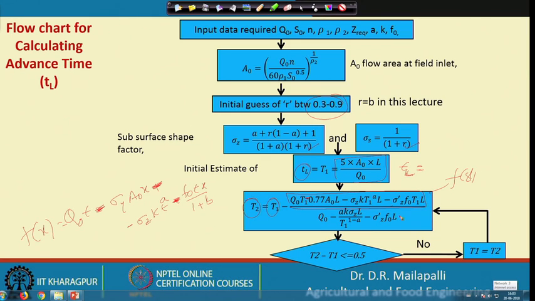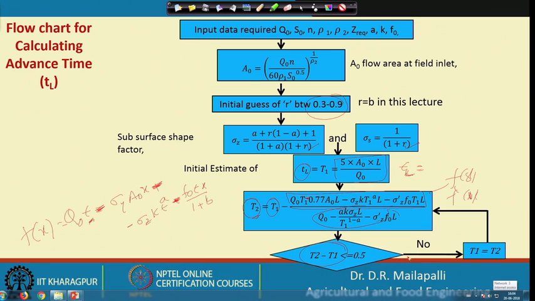So, the next, the bottom one, is f dash x, right, the function f dash x. Here the x is the time, so we are differentiating with respect to time. So, Q naught minus everything you get. Then for a particular initial guess, substitute T 1 and this, and you get T 2, and now you see whether T 2 is close to T 1 or not.